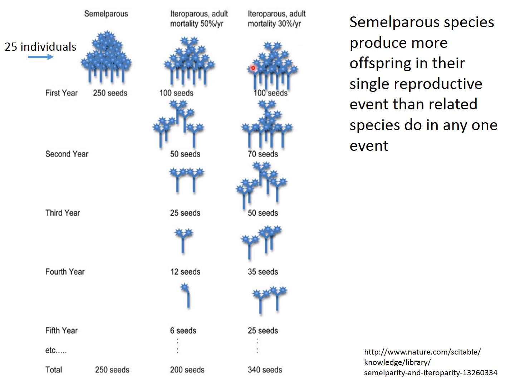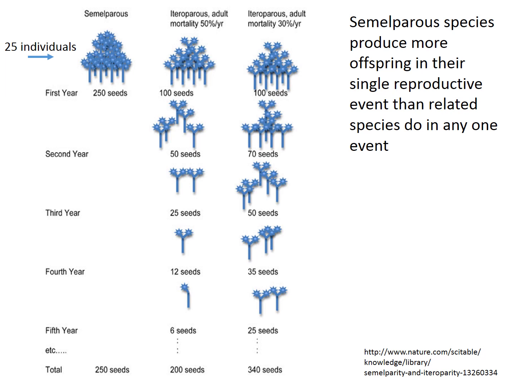And if we follow this through with those 25 individuals each producing 4 seeds, 30% of them dying off, the remaining surviving individuals each producing 4 seeds in the next year, and then 70% of those surviving and producing 4 seeds in the next year, and so on, and so on, we end up with a final seed output of over 300 seeds. So here, in this scenario, we see iteroparity is going to maximize fitness. Therefore, what we see is that whether an environment favors semelparity or iteroparity can depend on adult survival rate.